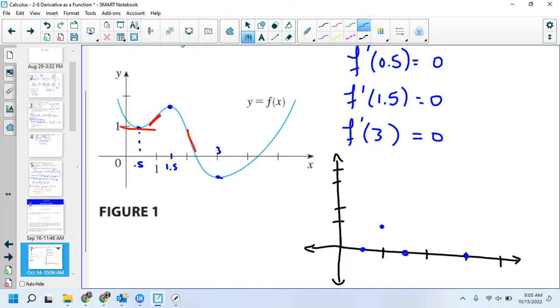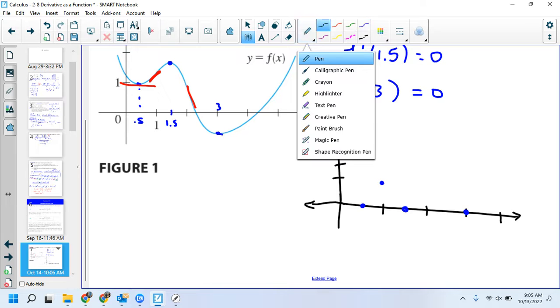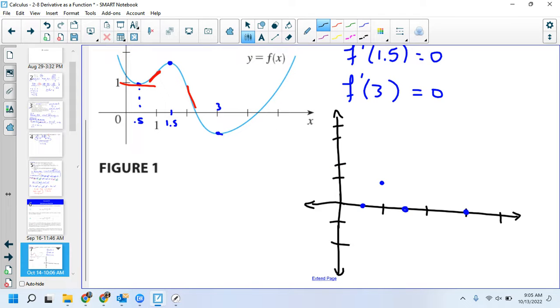So at, let's say, 2, we are at negative 2. I guess I should have made my graph go a little bit below the x-axis, shouldn't I? This is at 2 comma negative 2.